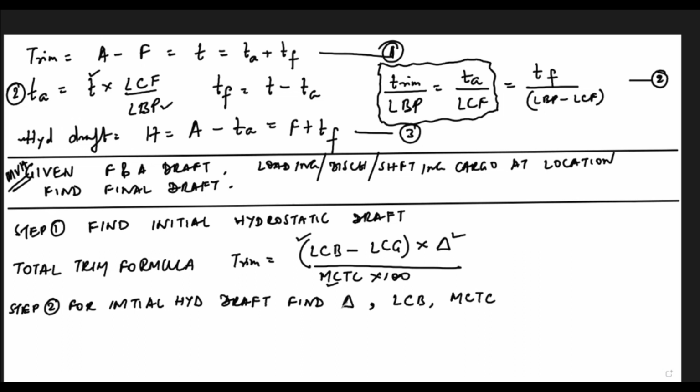Now, once I find displacement and LCB, and the initial drafts are given to me, yes, sir, so trim I know. So from there, can I calculate the initial LCG? Yes, sir. Therefore, calculate the initial LCG.